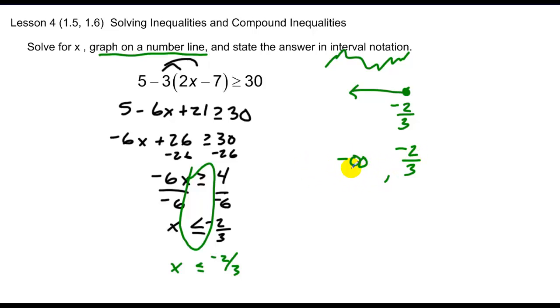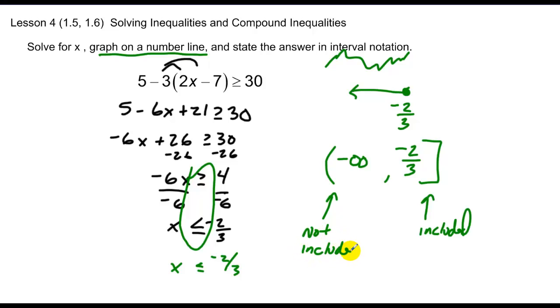Since negative infinity can't be defined, we give it a parenthesis, and since negative 2/3 is included, a bracket. The bracket means included, the parenthesis means not included. The only reason negative infinity is not included is because we can't define it. We'll continue with some more examples with interval notation so you understand what's going on.